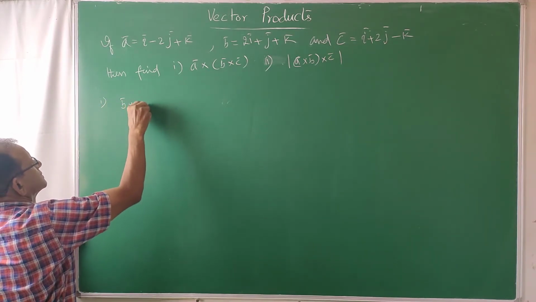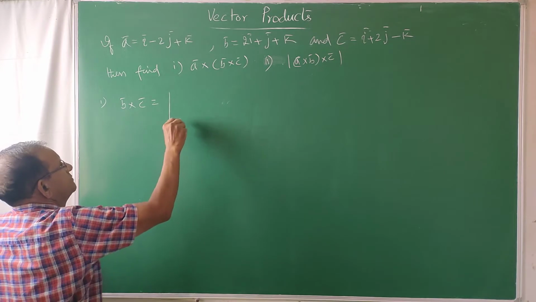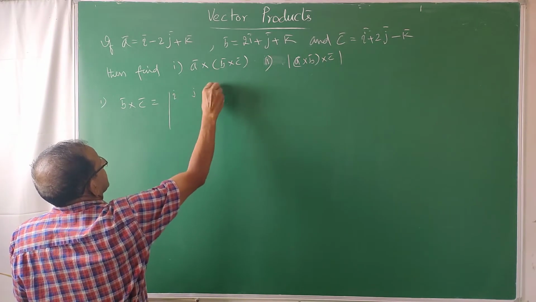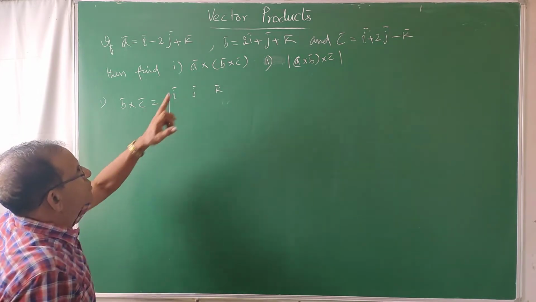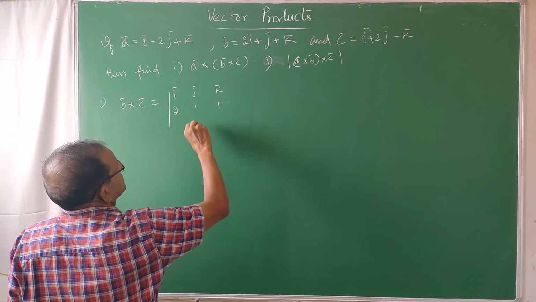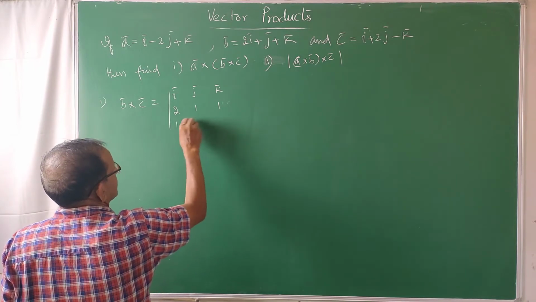B bar cross c bar is equal to, first write the components of b bar, i, j, k. Now b bar coefficients 2, 1, 1. Next c bar coefficients 1, 2, minus 1.